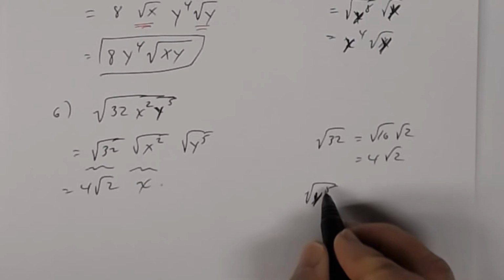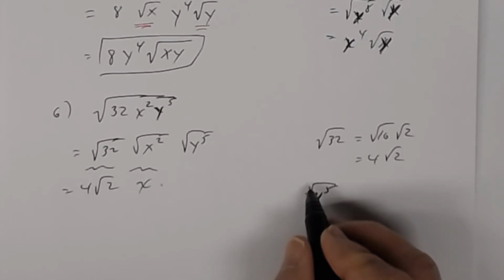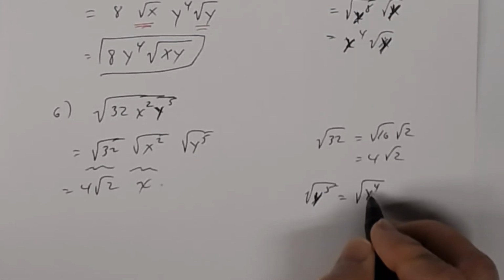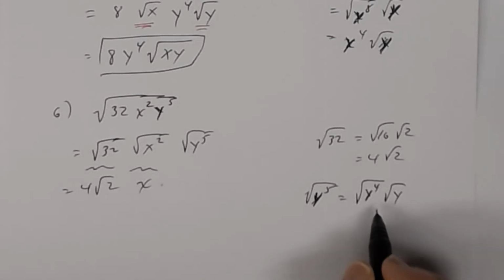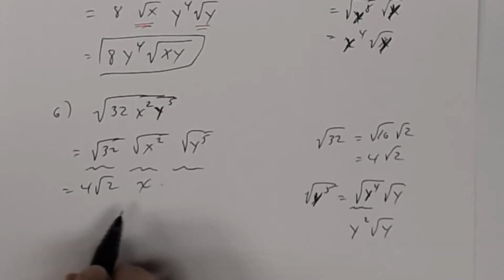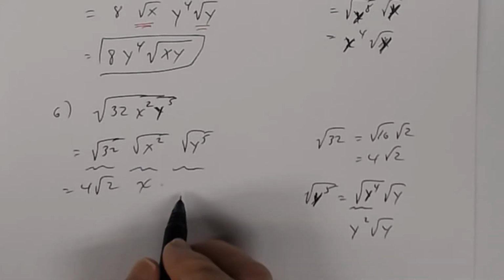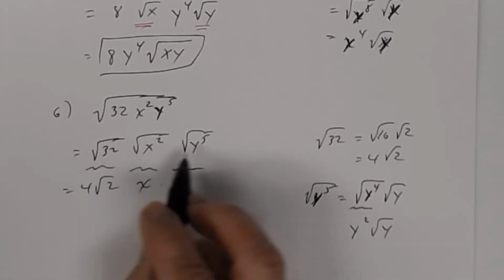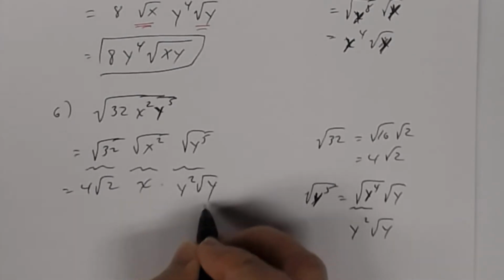You ask yourself, what's the largest integer less than 5 that's divisible by the index 2? So that's 4. So it'll be square root of y to the 4th times the square root of y, right? When you multiply like bases, you add exponents. And so we know that the square root of y to the 4th is y squared. So you get y squared, square root of y. See how I'm doing it step by step? That's important in terms of your rationalization. Step by step. So that's y squared, square root of y.